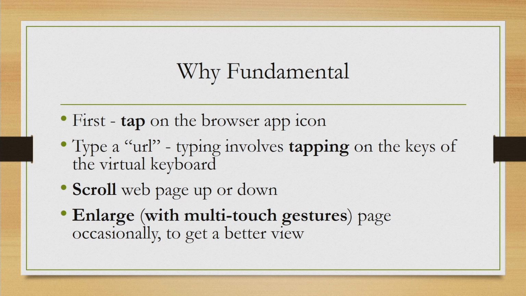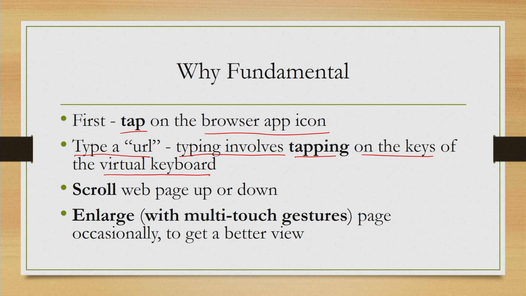First, you tap on the browser app icon. Then you type a URL or uniform resource locator, which is essentially a typing task, and typing involves tapping on the keys. These keys are present on a virtual keyboard layout, as we have discussed in our last lecture.